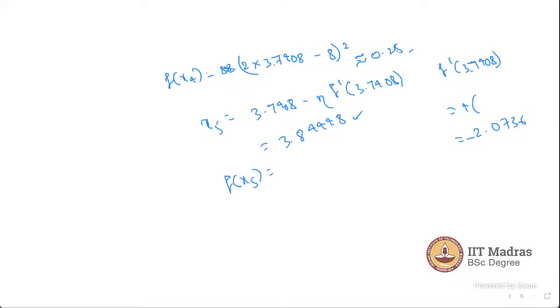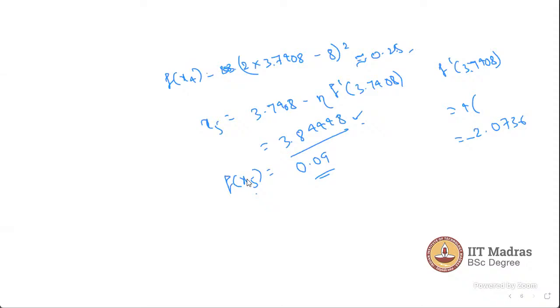Yeah, no, it is within the range. So at this x5 value, 3.8448, when we substitute this x5 here, we're getting approximately 0.09 something. So the answer for this particular problem is 3.8448. If you get somewhere close to that, then it's totally alright.